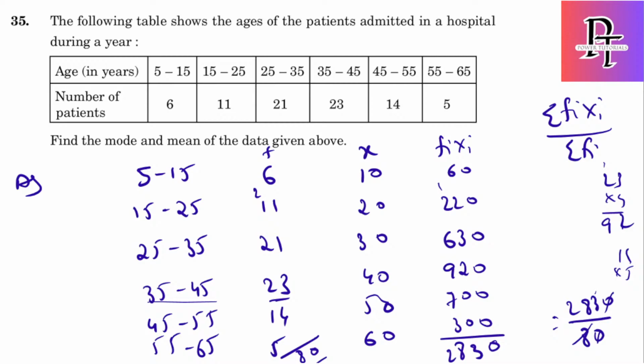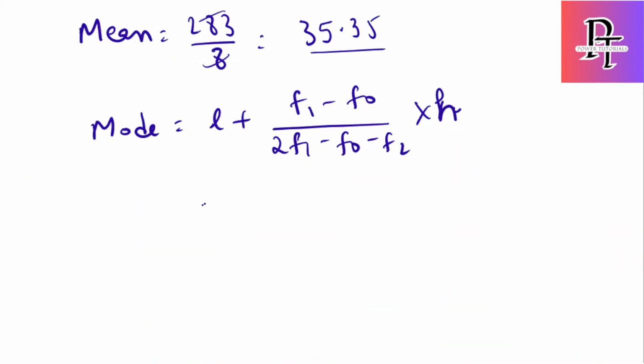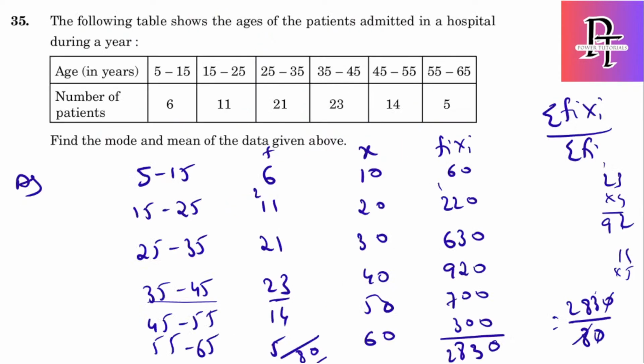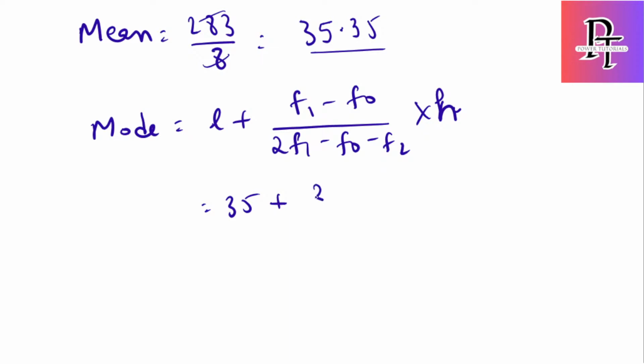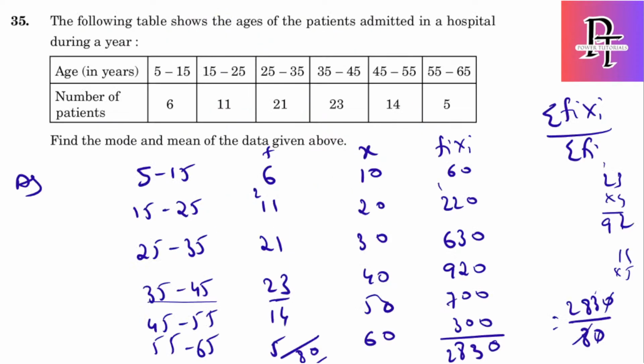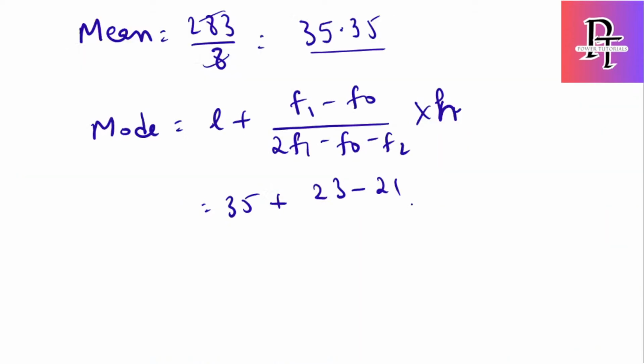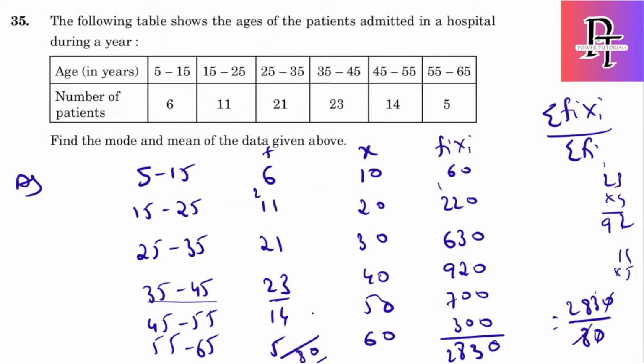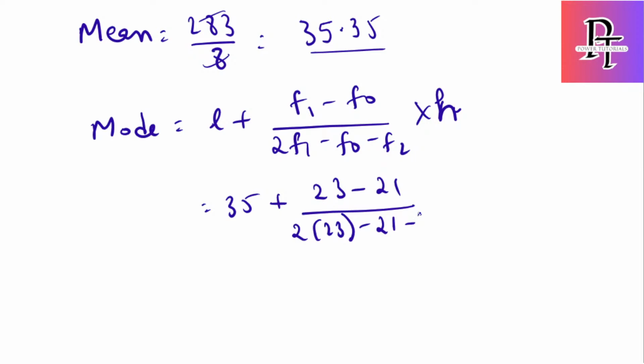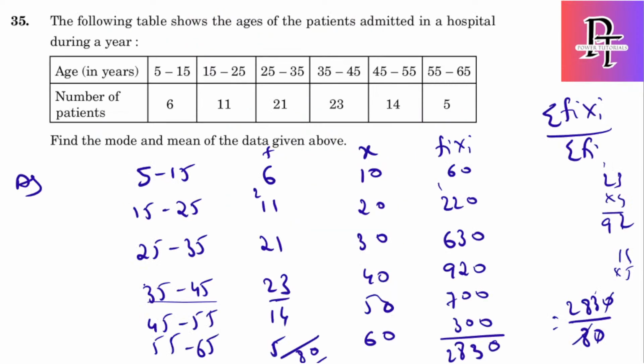So L value is 35 plus f1, the modal class frequency, is 23, minus f0, the preceding, which is 21, by 2 into 23 minus 21 minus f2, the succeeding, f2 is 14. H is the class interval, which is 10.